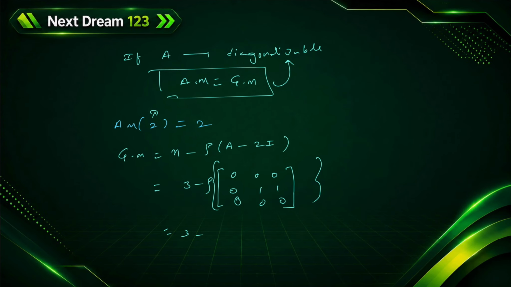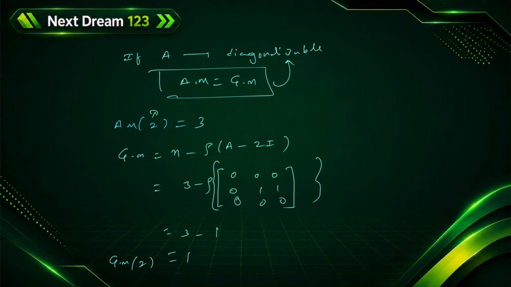Wait, algebraic multiplicity is 3, not 2, because it is repeated 3 times. Now we have to find the geometric multiplicity. Geometric multiplicity is the order of the matrix minus the rank of A minus lambda I, here A minus 2I. This is a 3 by 3 matrix, so 3 minus the rank. Let's find the rank of A minus 2I: 2 minus 2 gives 0, we get 0 0 0, then 0 1 1, and here 0 0 0. Here the linearly independent rows are only 1, so the rank of this matrix is 1. 3 minus 1 is 1, so the geometric multiplicity of 2 is 1.